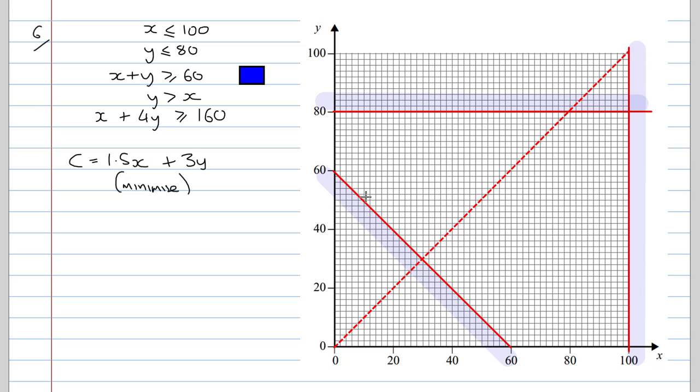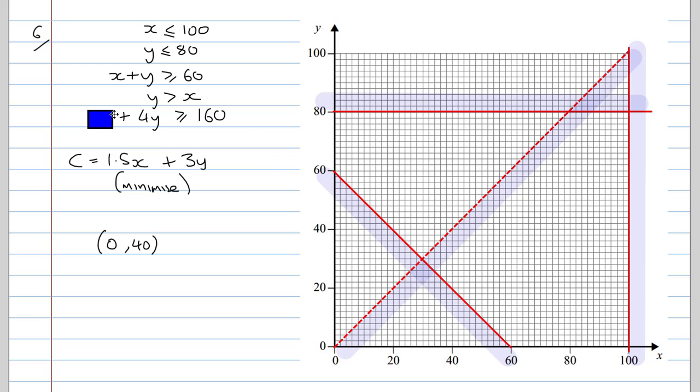As Y is greater than X, we're interested in the region where the Y values are bigger, which is above the line, so we shade out the region below the line. For the final constraint, X plus 4Y is greater than or equal to 160, we can't really draw it using the standard cover-up method. We can get one of the coordinates because if X equals 0, 4Y equals 160, which tells us that one of the coordinates would be (0, 40).